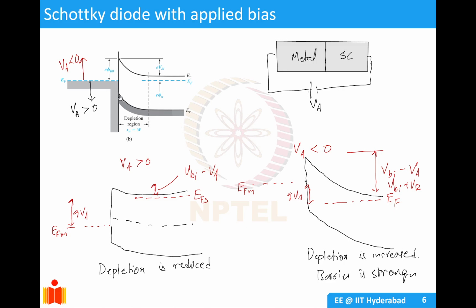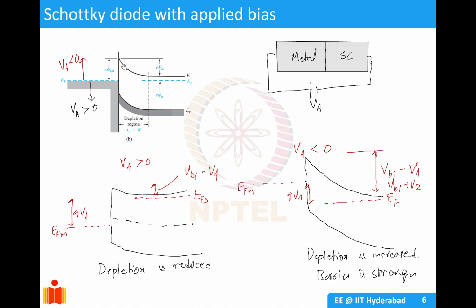So what happens when we apply a bias on your Schottky barrier? Our Schottky junction acts similar to a PN junction, hence it's called a Schottky diode. You will see here that when you apply a positive bias on your metal, you shift it down.